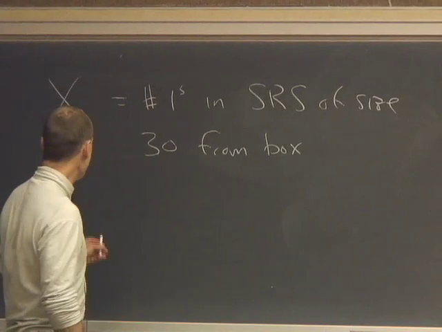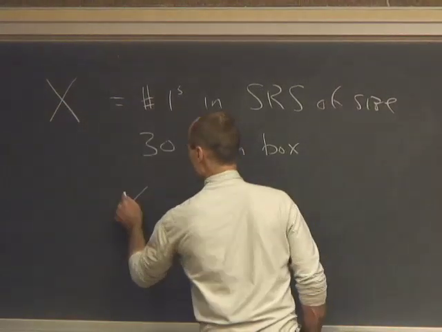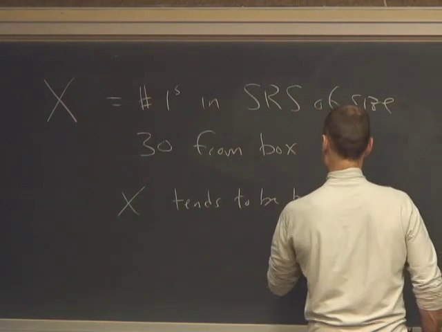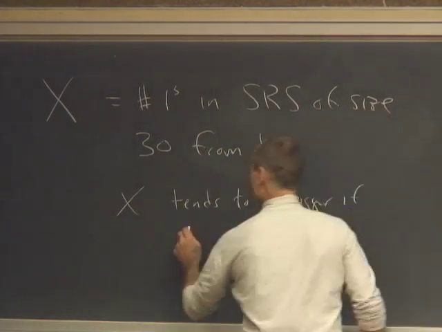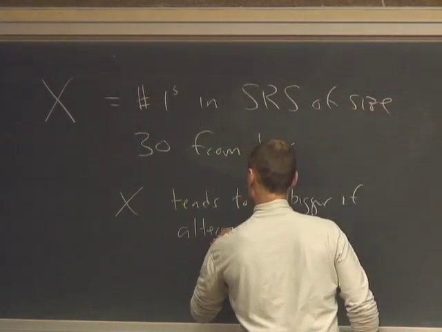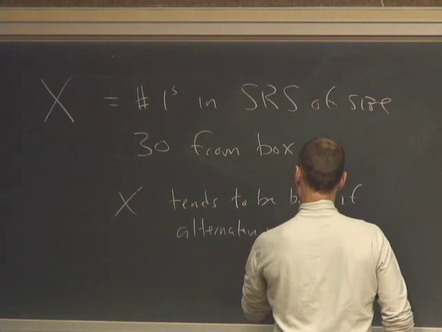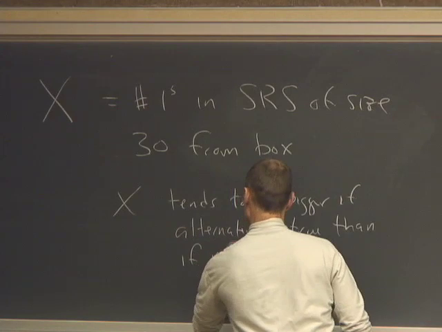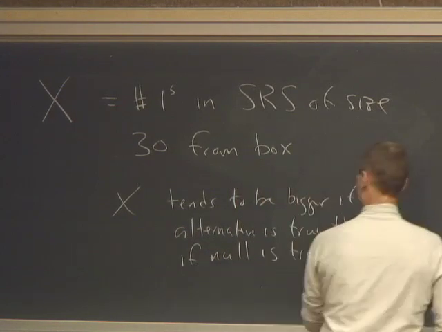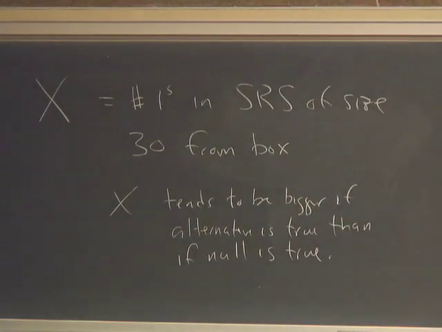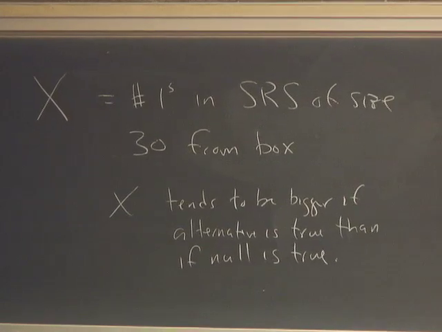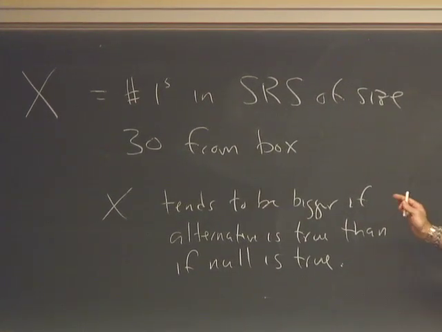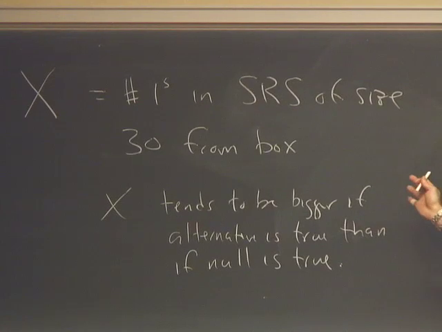What we know is that x will tend to be bigger if the alternative is true than if the null is true. If there's a larger than 30% ones in the box, then the number of ones in the sample is going to tend to be bigger than if there's only 30% ones in the box.